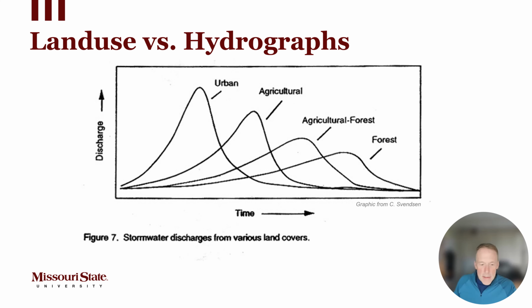All right, so let's start with the urban setting here, and let's just have a hypothetical rainfall. Usually we draw a rainfall in a hydrograph as bars coming down from the top.